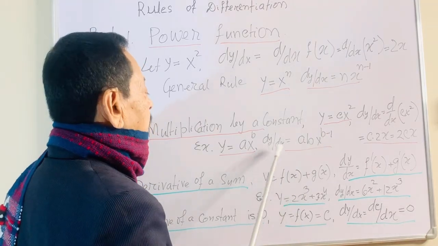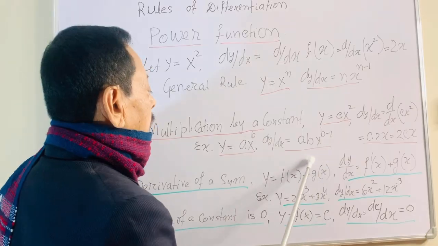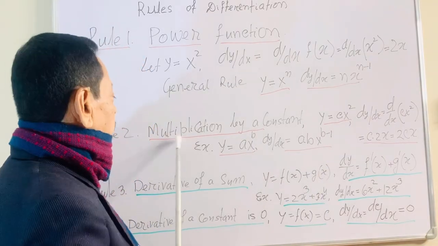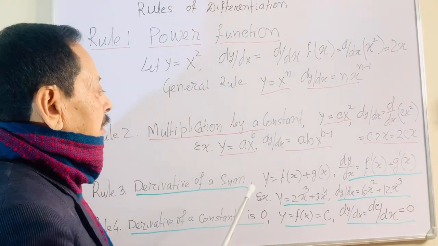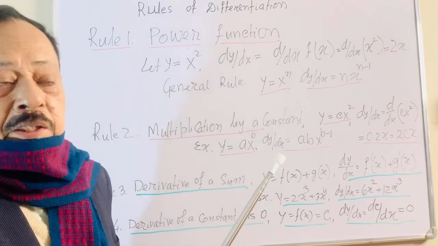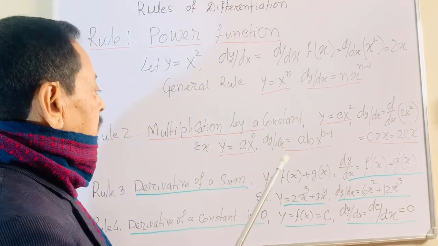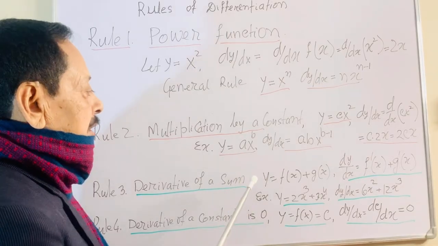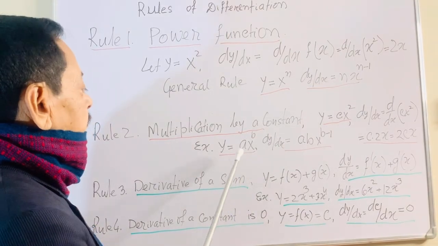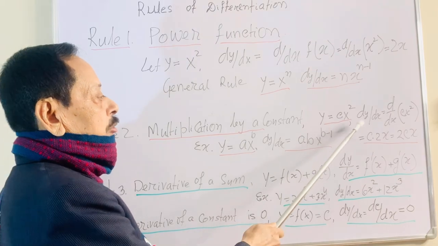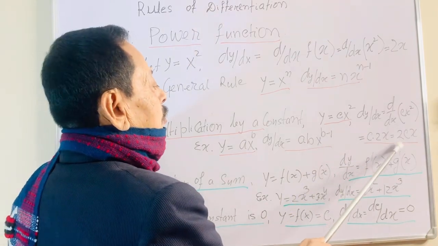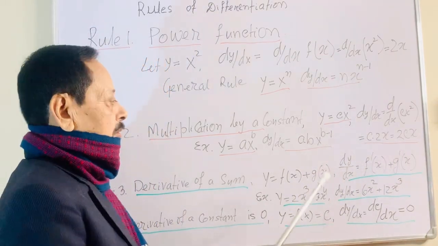So this is the result. This can be verified again by examining the difference quotient and the limit. As delta x tends to 0, you will find that dy by dx is nothing but 2cx.